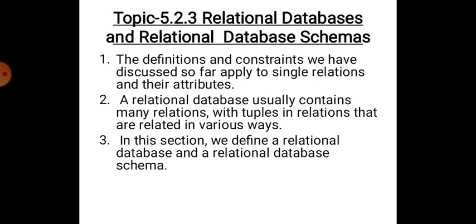Students, you very well know that we have studied relations, tuples and attributes. Here relation means table. Tuple means record of a table. So you can understand that way. In this section, we define relational database and relational database schema.